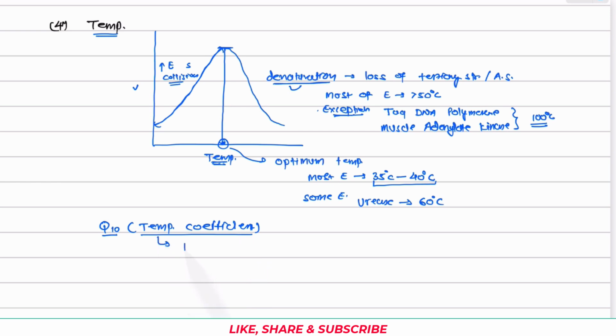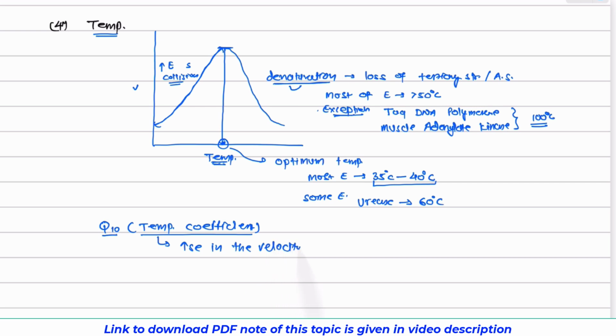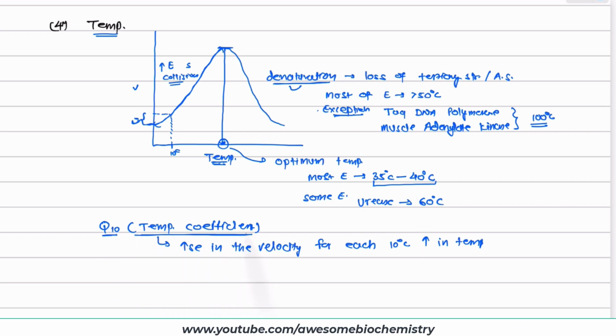It is the increase in the velocity of an enzyme catalyzed reaction for each 10 degree Celsius rise in temperature. See, on this side, if I increase the temperature by 10 degrees Celsius, what is the corresponding increase in the speed? Initially the speed was at this level, and at a 10 degree rise the speed is at this level. So this rise in the speed is called Q10 or temperature coefficient.